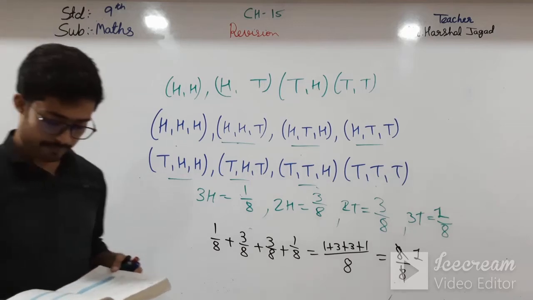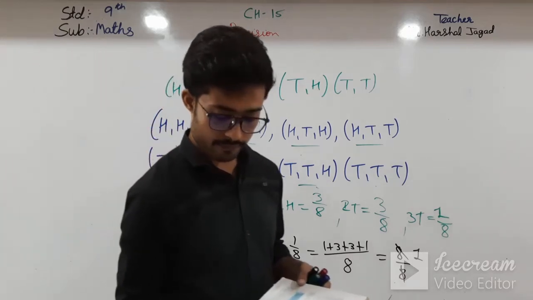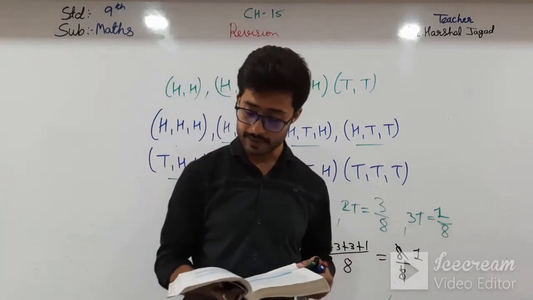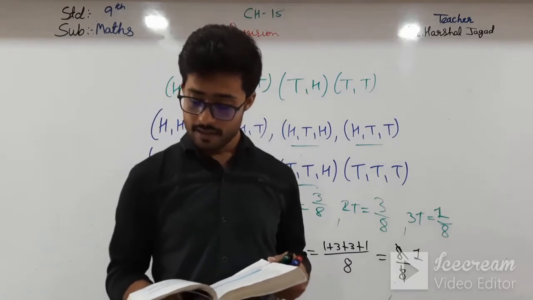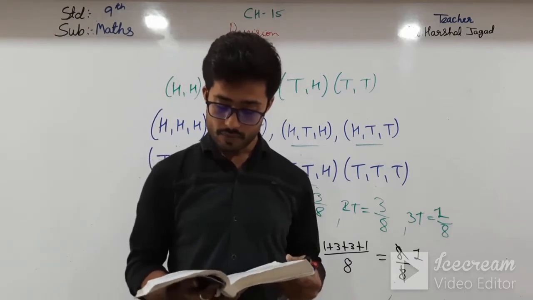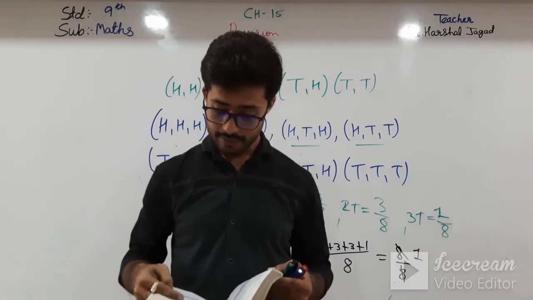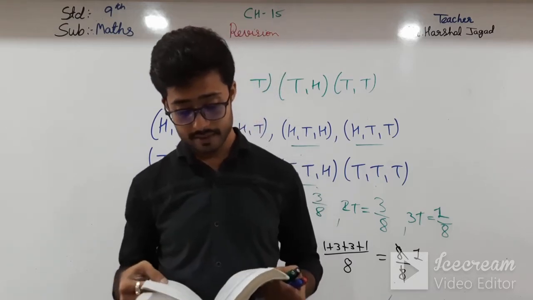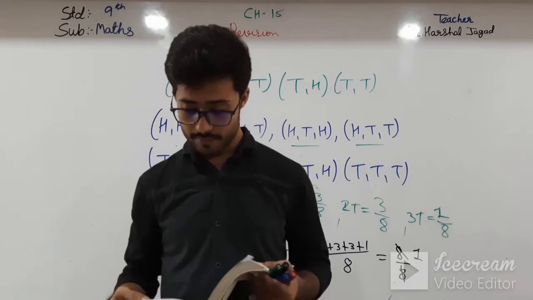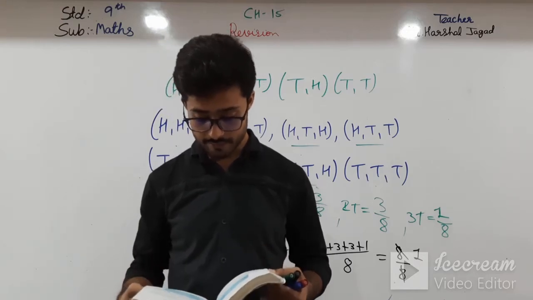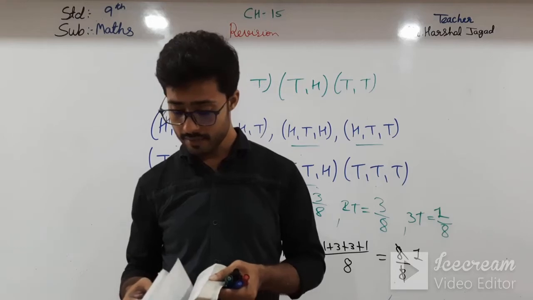Refer to example number 5, section 14.4, chapter 14. Find the probability that a student of the class was born in August. So example number 5, chapter number 14. Yes, in that we have to see example number 5.